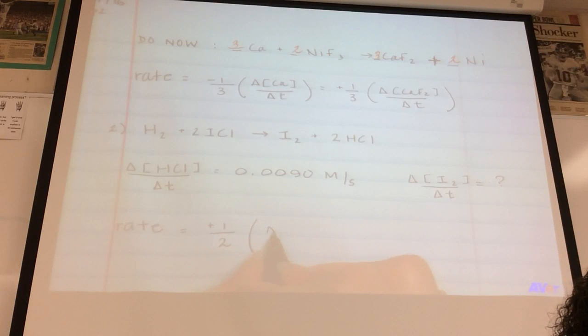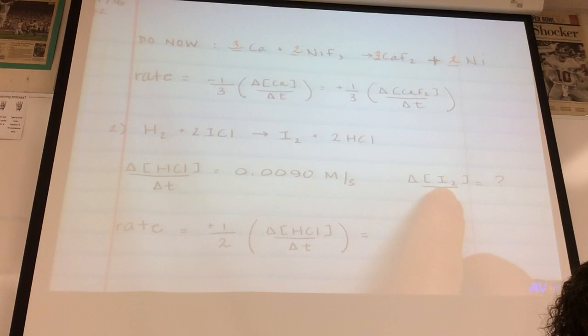Then I have the change in concentration of that substance over the change in time. So this quantity will replace this fraction. And I'm going to set it to the iodine. Iodine is a product, positive 1, over its coefficient, change in concentration of iodine over the change in time.